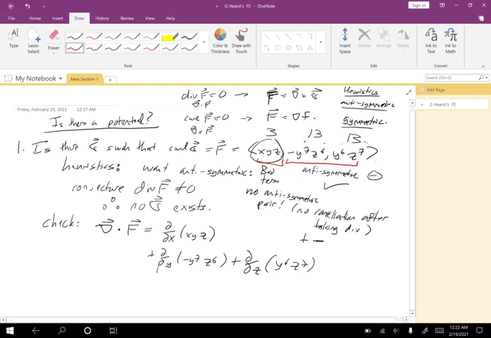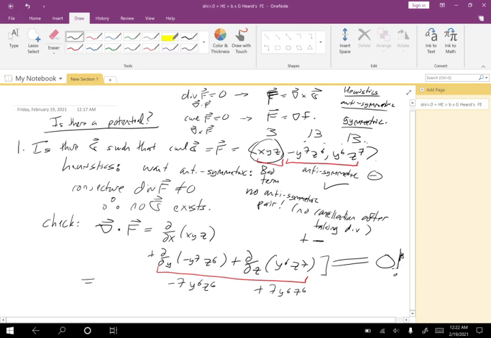This will give you minus 7 y to the 6th, z to the 6th. This will give you a plus 7 y to the 6th, z to the 6th. These terms actually cancel. So we just end up with this first bad term, which is just yz. This is clearly not 0.